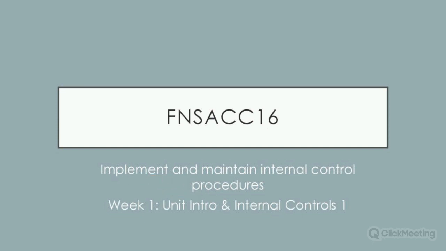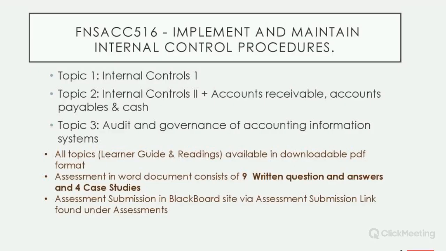It's called Implement and Maintain Internal Control Procedures. Today, I will introduce the unit and talk about the first topic, which is Internal Controls 1. Overall, there are 3 topics in the unit: Internal Control 1, Internal Control 2, along with accounts receivable, payables, and cash, and topic 3 about audit and governance of accounting information systems.